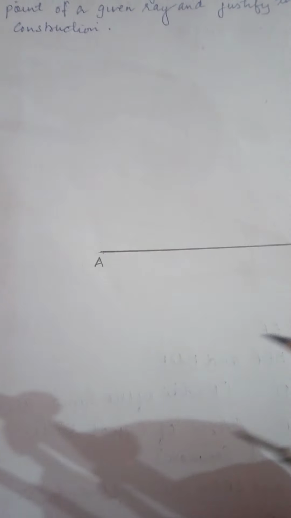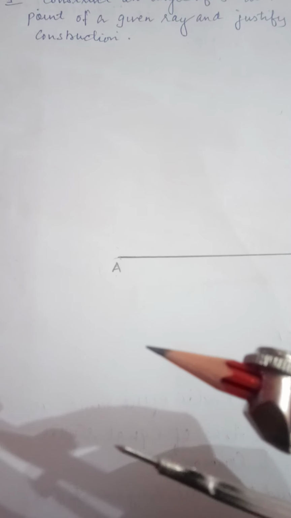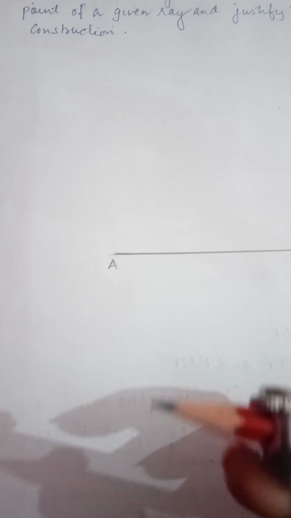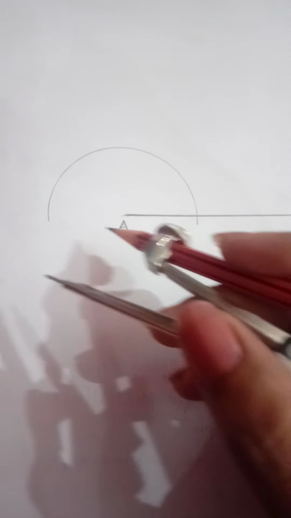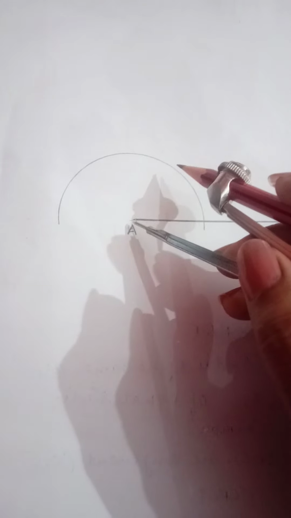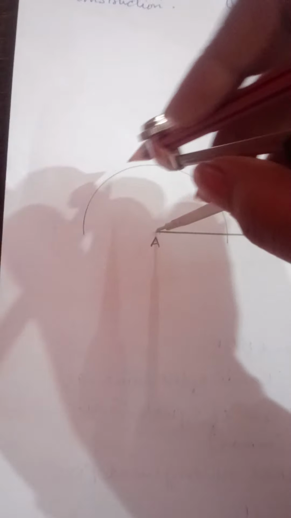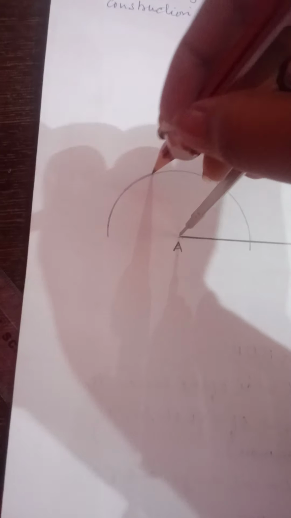I have taken the radius, so let us make an arc. This arc is being made by taking A as the center and some radius. Whatever radius you want to take, you can take.